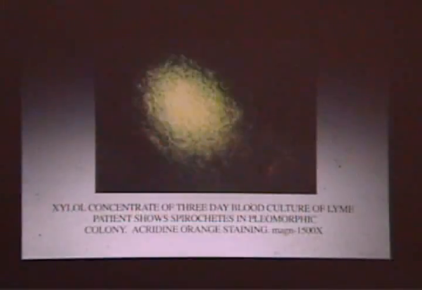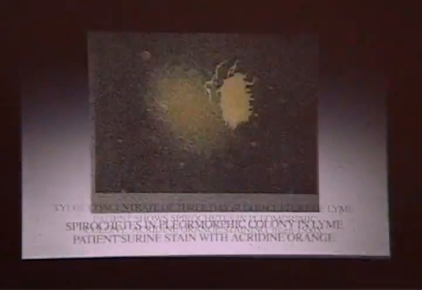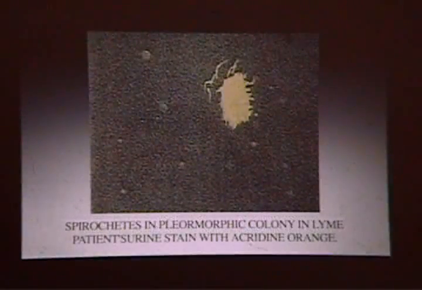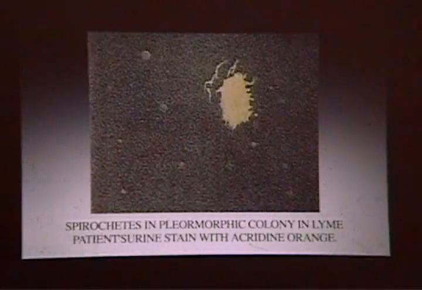They discard their nucleus as they leave the bone marrow. So this is in highly, highly infected blood. And this is a colony stained with acridine orange and concentrated with xylol. And if you can see this closely, the edge of this is made of spirochetes. This is a colony in urine.